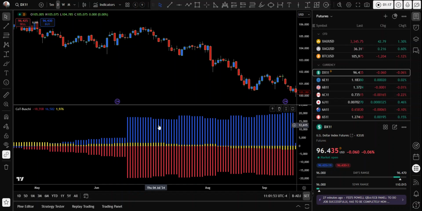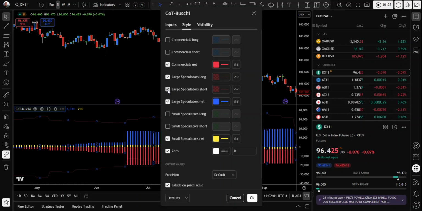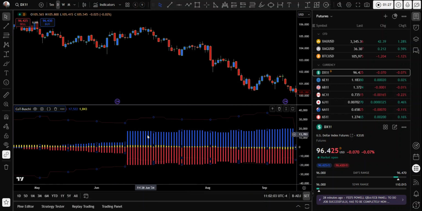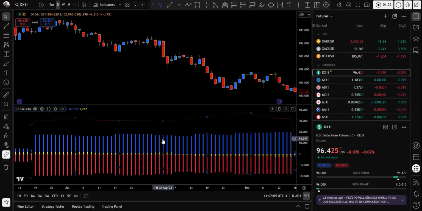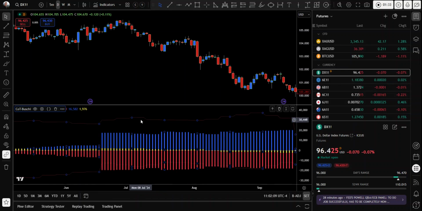But how do you actually get these numbers? I'm going to show you real quick. If I put large speculators long and large speculators short, let's focus on the blue ones. Every report has a positioning of long and short positions.